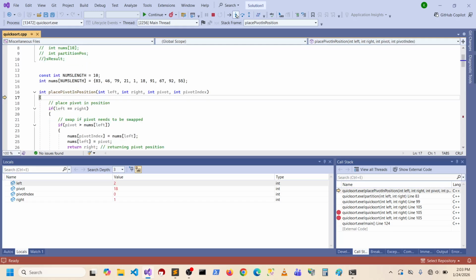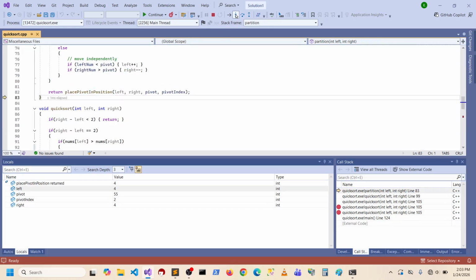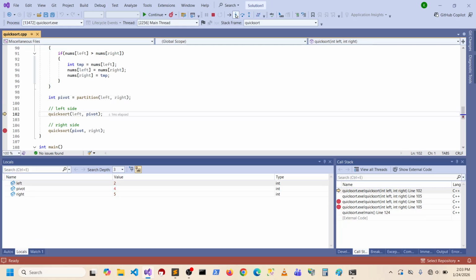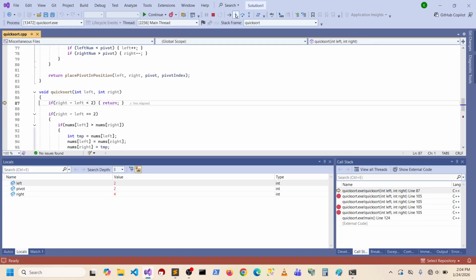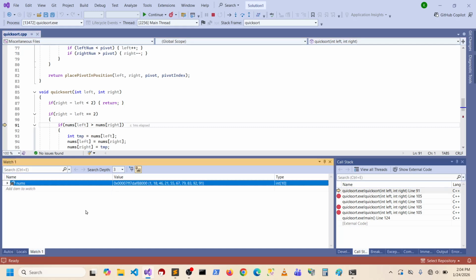Another even. Pivot is 55. Nums left was what, 18 or something, I believe. 2 and 4? 0, 1, 2, 3, 4. No, it's not.